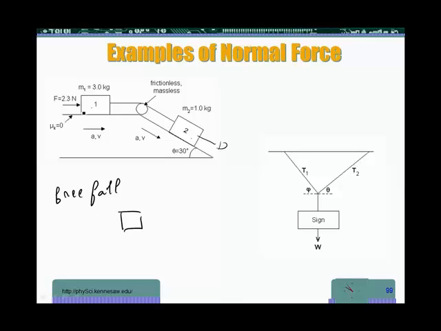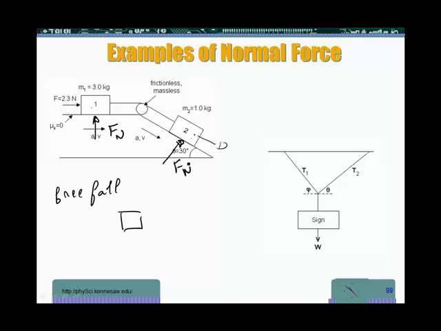On block 1, this bench is going to exert a normal force on that block. That normal force is going to point upwards. Now, this block here, the bench is going to exert a normal force on it. The normal force is perpendicular to the surface.